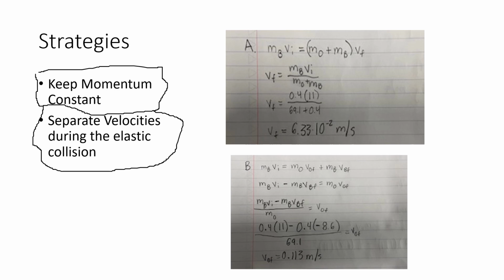In the inelastic collision, we know that the mass of the ball times the initial velocity is equal to the mass of Olaf plus the mass of the ball times the final velocity, because momentum is conserved.